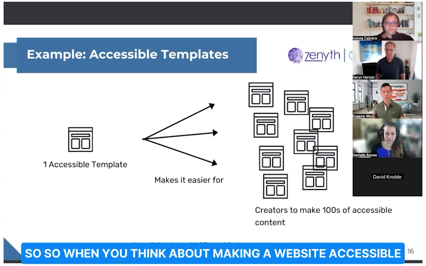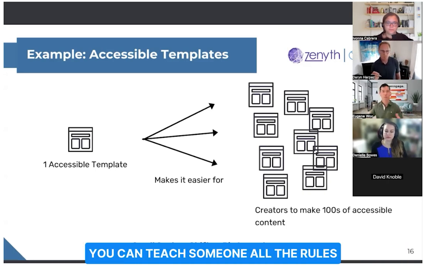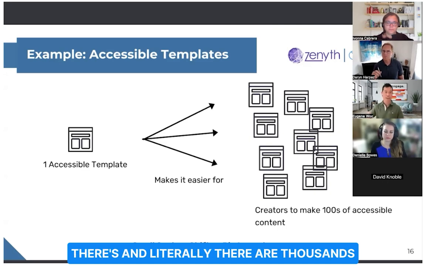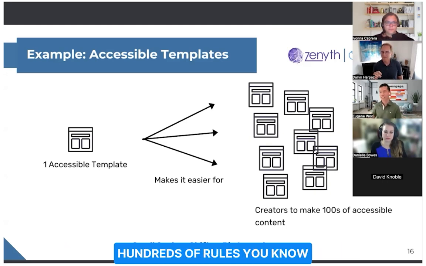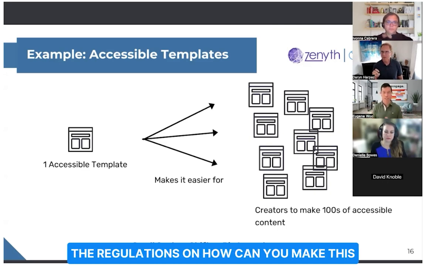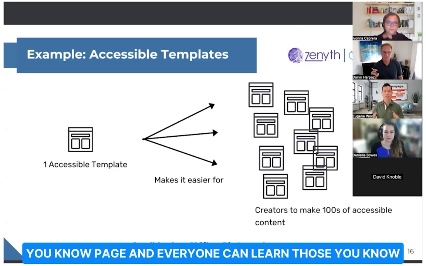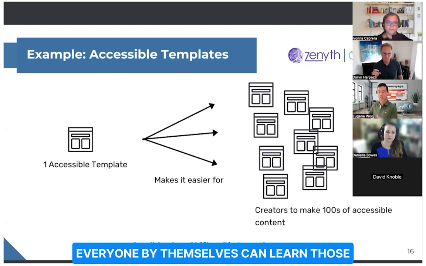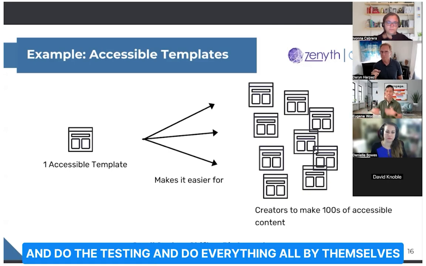So when you think about making a website accessible, you can teach someone all the rules. There are literally hundreds, thousands of rules, with the WCAG regulations on how you can make a page accessible, and everyone by themselves can learn those rules and do the testing and everything all by themselves.